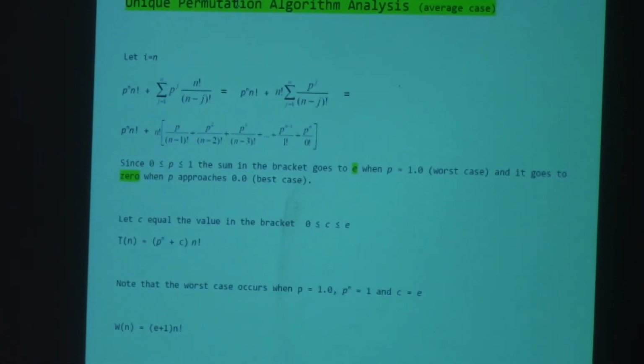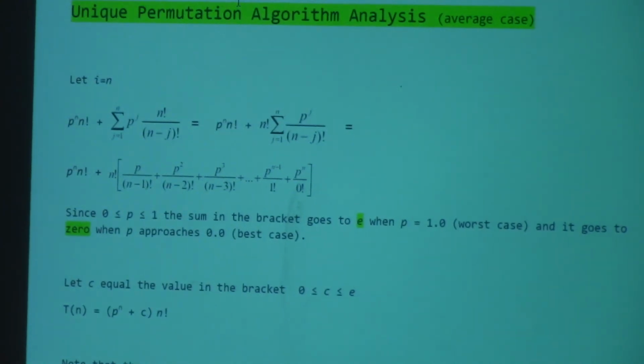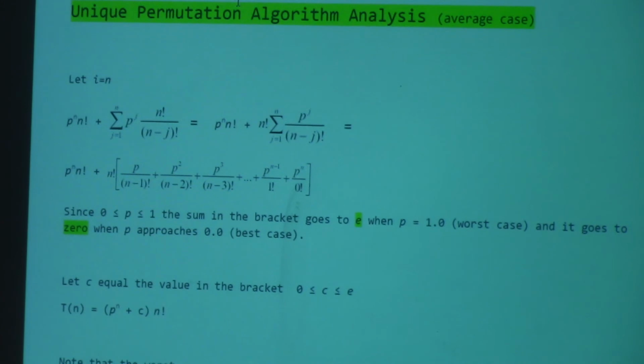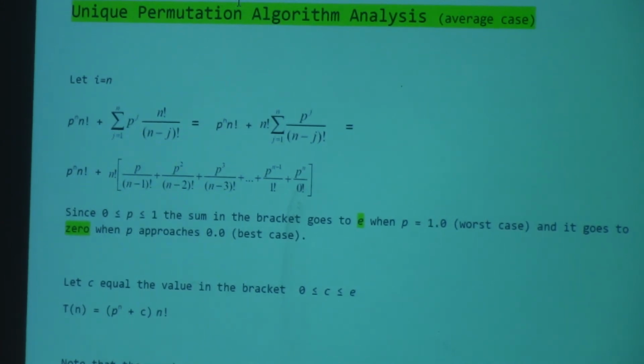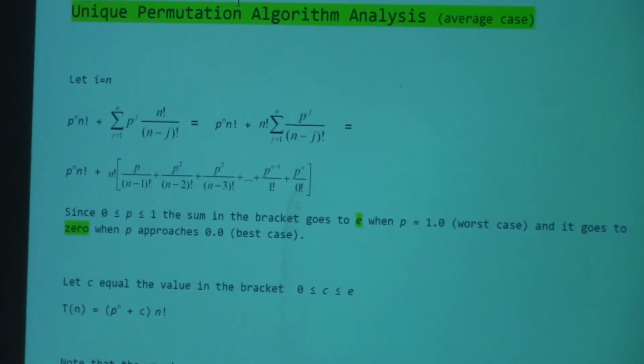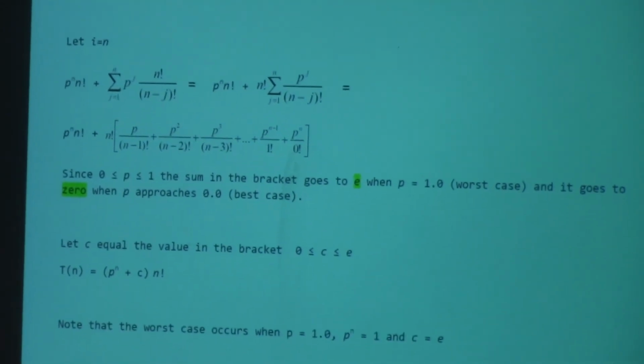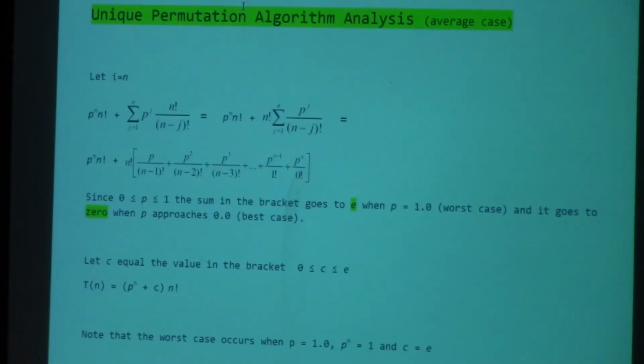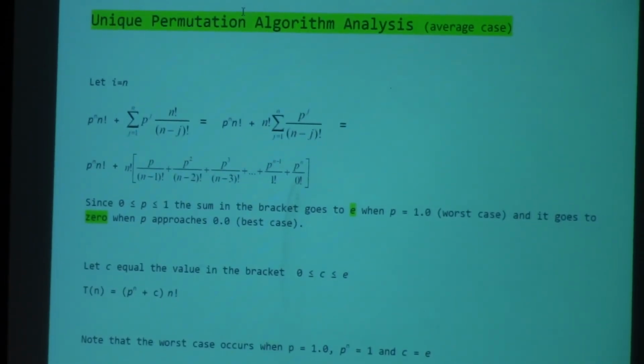And the reason that's interesting is because p is a probability. So if we're looking at an average case, the value of p must be what? Less than 1, which means that if we take a probability like 1/2, 1/4, 1/3, and we raise it to a long number like n, that p to the n is going to go to 0.